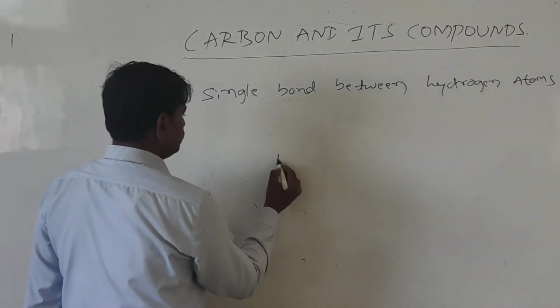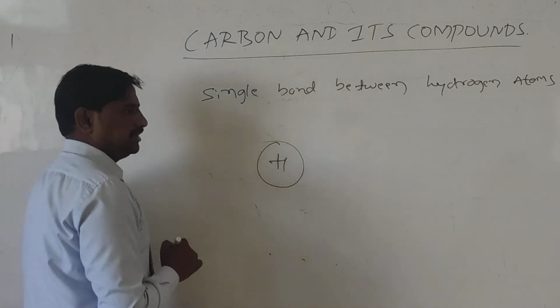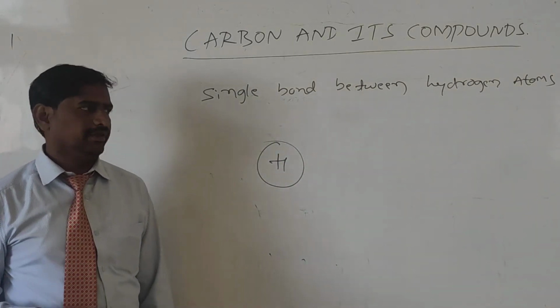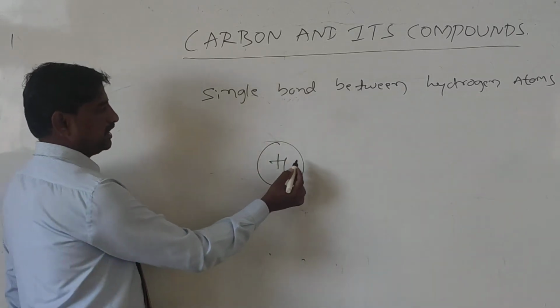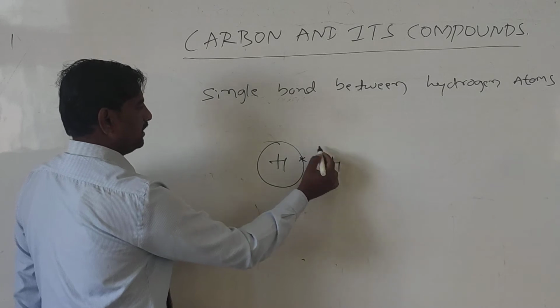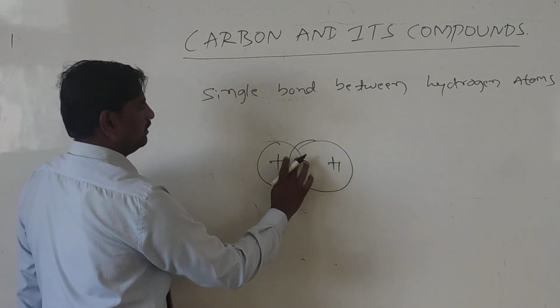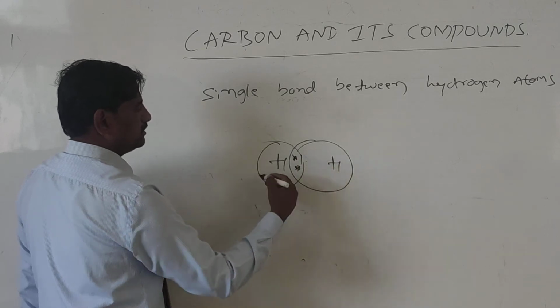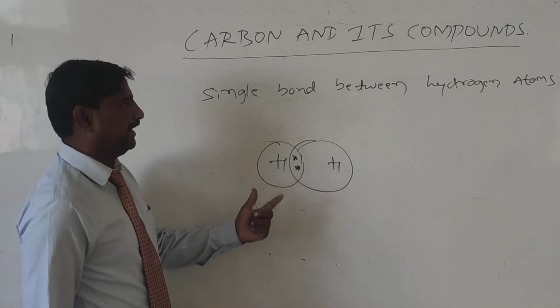What is the atomic number of hydrogen? 1. It means the outermost shell has only 1 electron. And one more hydrogen is also having 1 electron. So there is a single bond between the hydrogen atoms.